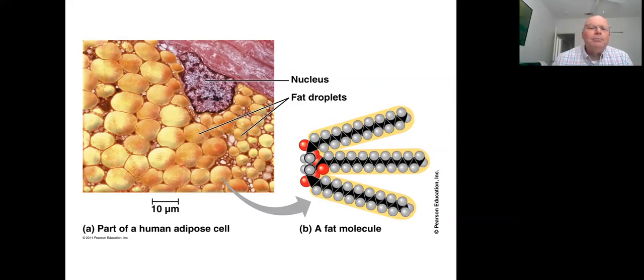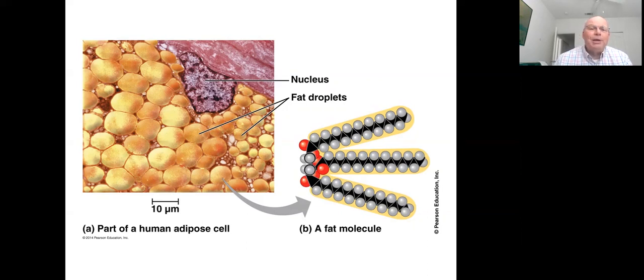But for the other large molecules that are found in cells, the carbohydrates, the proteins, and the nucleic acids, DNA and RNA and so forth, those do need to be soluble in water. They're going to be in a water-based environment, a water-based solution, and they're going to be involved in chemistry that involves being dissolved in water first.